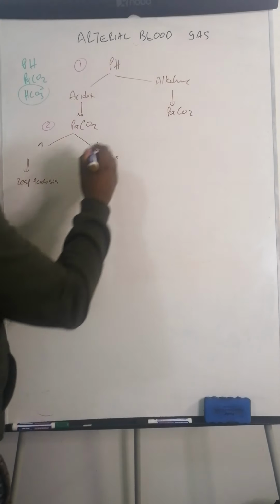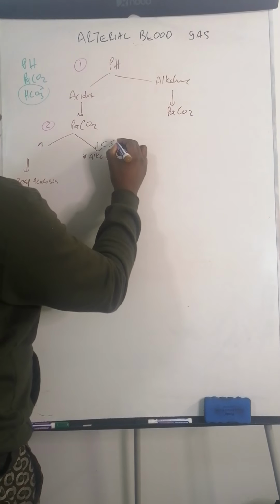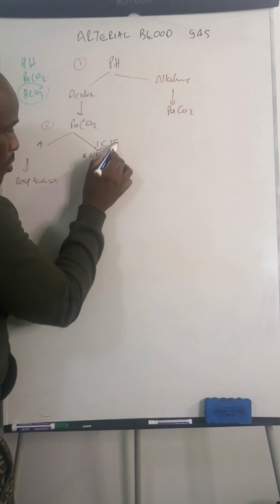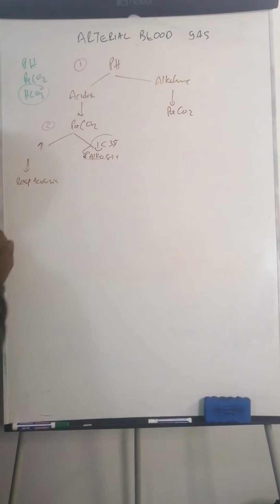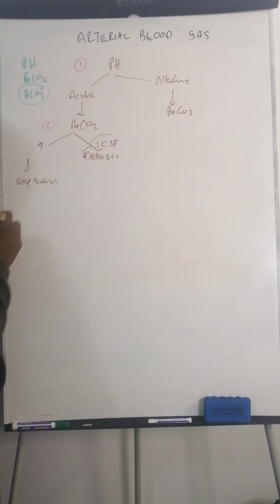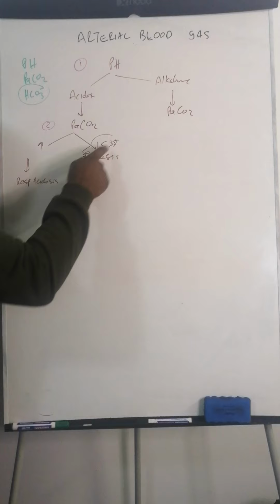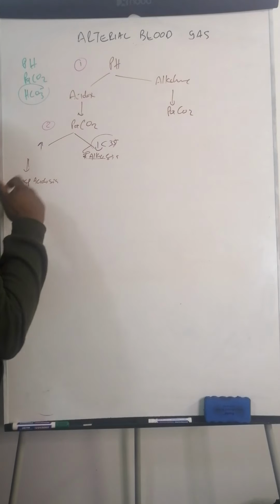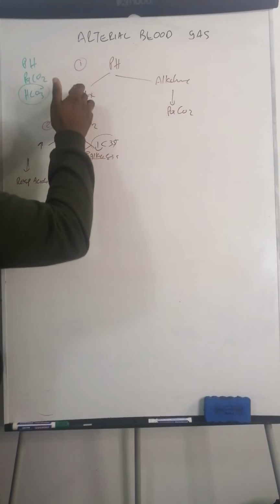That's a decreased CO2, meaning a CO2 that is less than 35. This is a decreased CO2 giving us alkalosis, but we don't have alkalosis in this patient, we have acidosis. So it only makes sense that this cannot be a cause of this.